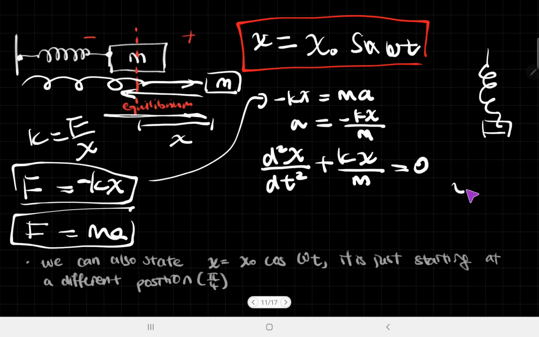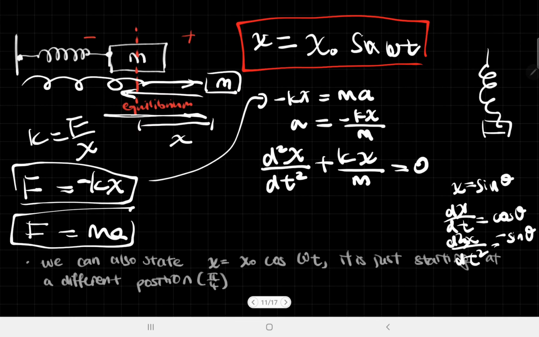If we have x equals sine theta, dx/dt is going to be cosine theta. d squared x over dt squared is going to be negative sine theta. So if you add x with its double differentiated version, you're basically going to get 0. This is how we know that x is going to be a sine function.